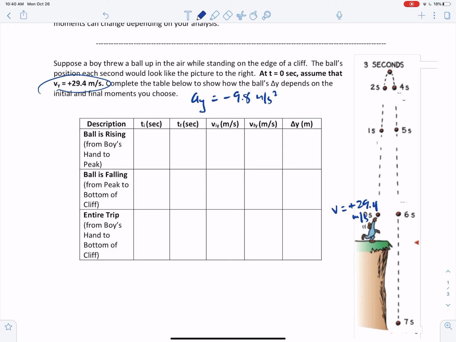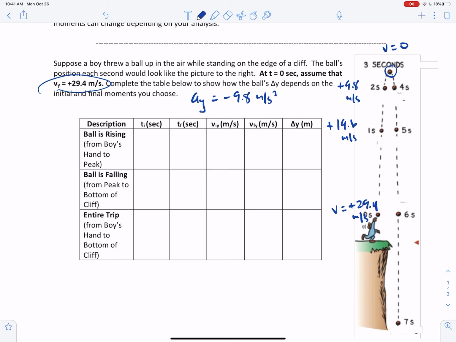So the velocity at 1 second is going to be 19.6 meters per second, right? That's just 29.4 minus 9.8. And then at 2 seconds, the velocity is now positive 9.8 meters per second. And then at 3 seconds, which is when it's at the peak, the velocity is 0. That's because 9.8 minus 9.8 is 0.